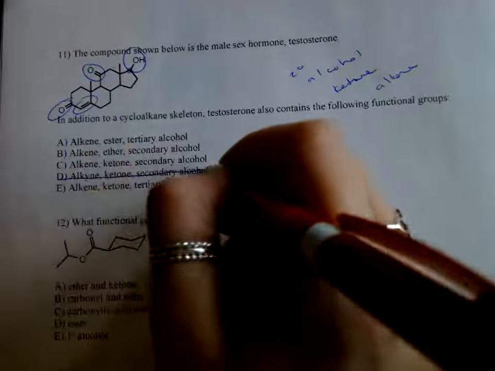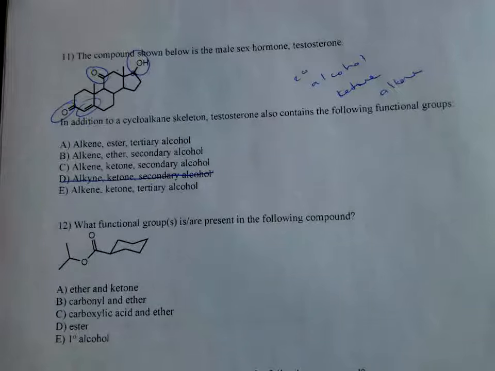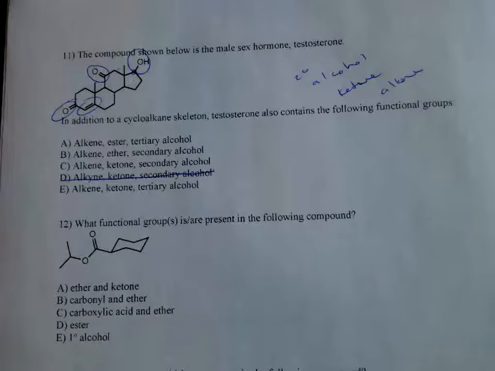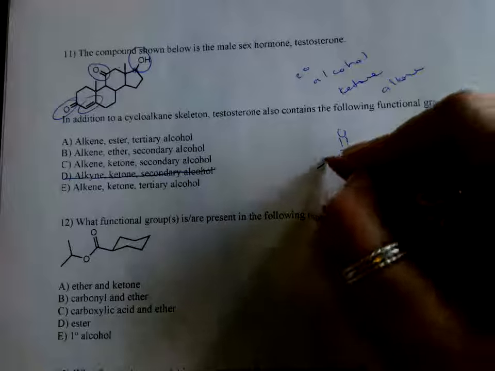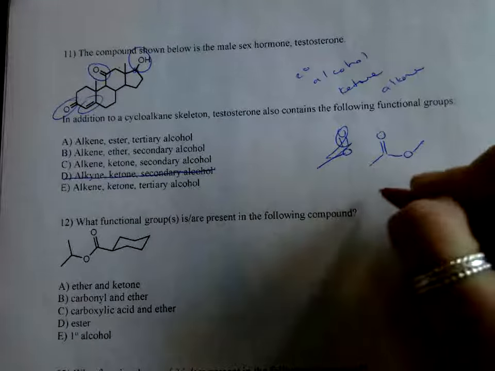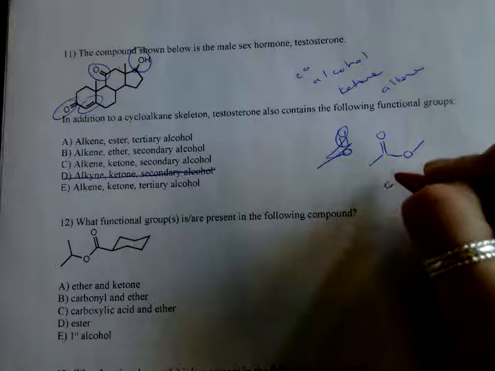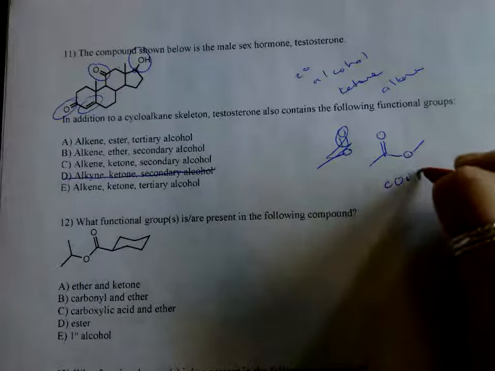So all these have alkene. Oh, right, there's an alkyne. So if you just know the difference between alkene and alkyne, you can improve your chances by eliminating an answer. And then if you know what an ester looks like, this. Oh, I don't know what I was doing. Apparently, I don't know what an ester looks like. And the shorthand for that is carbon, for this carbon right here, 2 oxygens and an R group.